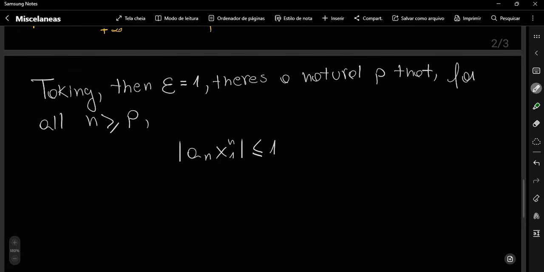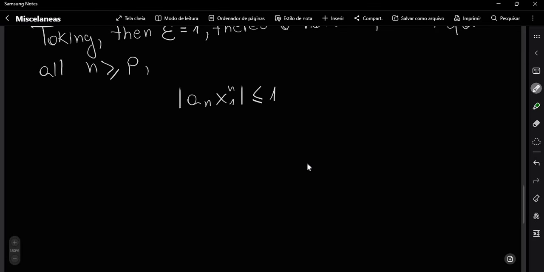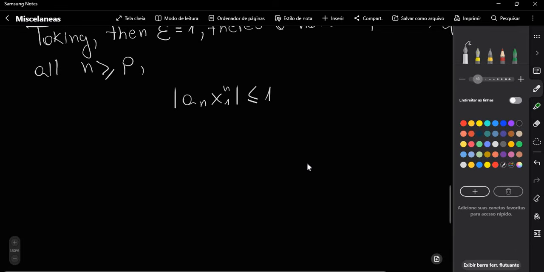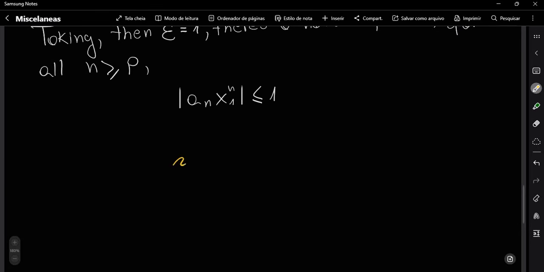And this is why, from my perspective, it looks like the definition of limit. So if you remember the definition of limit, let's recall it and compare to see if there's something.